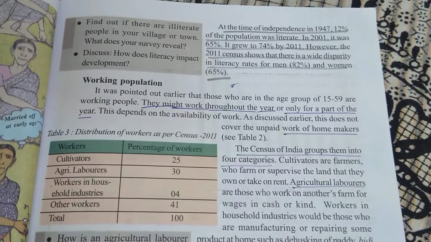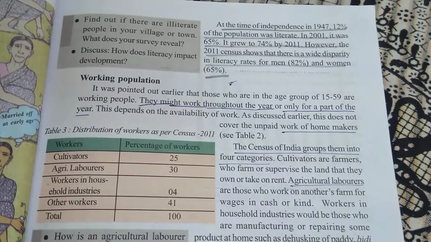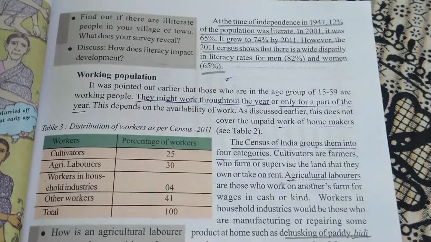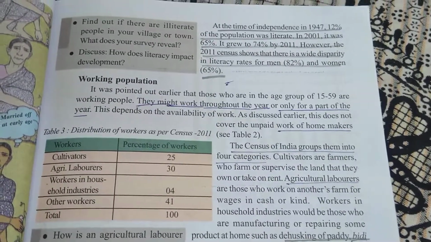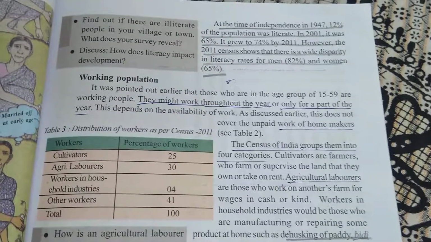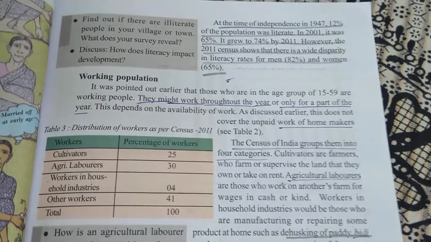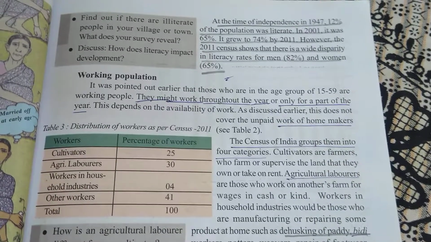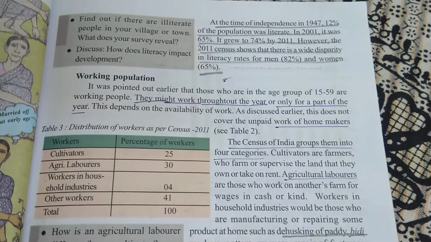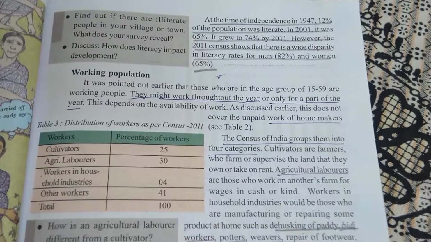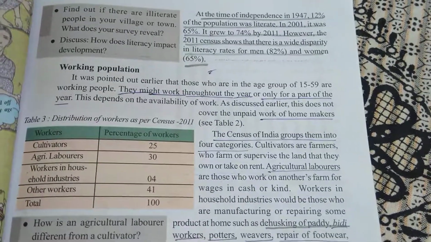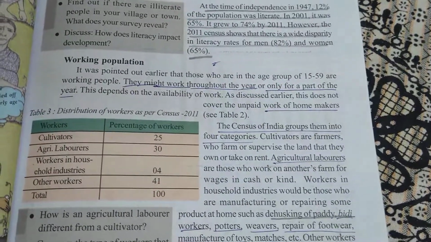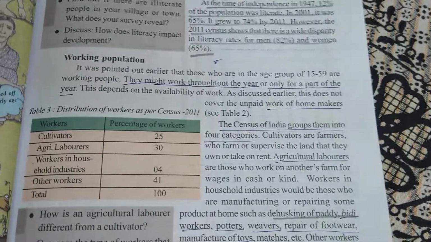Okay, workers in household industries are small scale industries where goods are produced, like beedi workers, de-husking the paddy, potters, weavers, repair of footwear, manufacturing of toys, where matchboxes are prepared. These are called household industries or small scale industries.